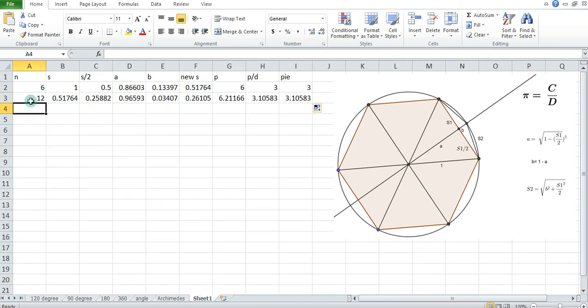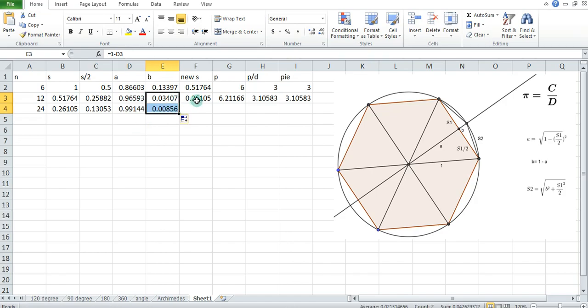So we are going to here double the sides of the polygon, 24. The new S for this 24 polygon is this 0.26, the 0.26105, this value comes here, is divided by 2, 0.99.